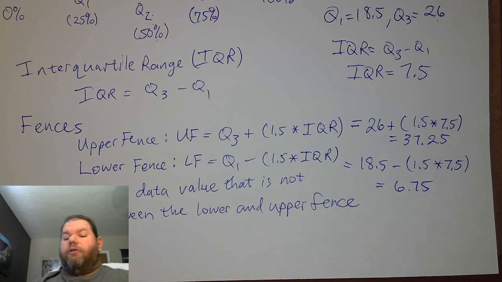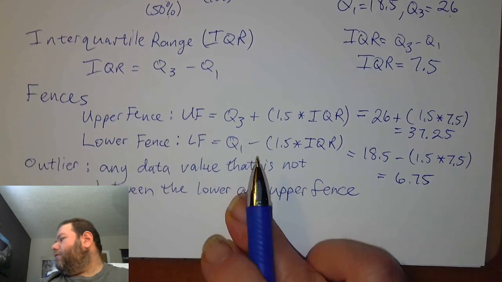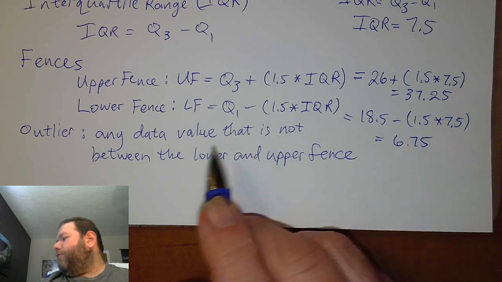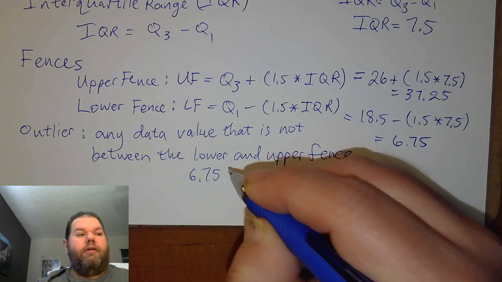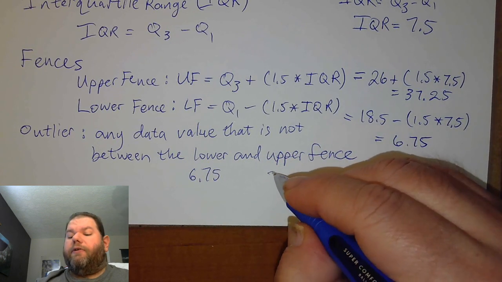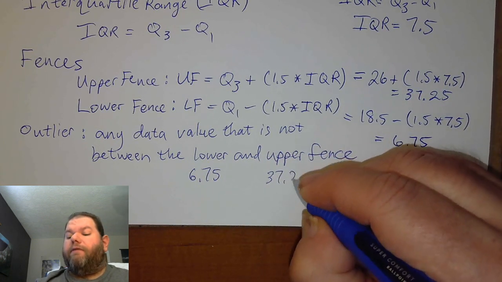Now, our outlier then is any data value that is not between the lower fence, 6.75, and the upper fence, 37.25.